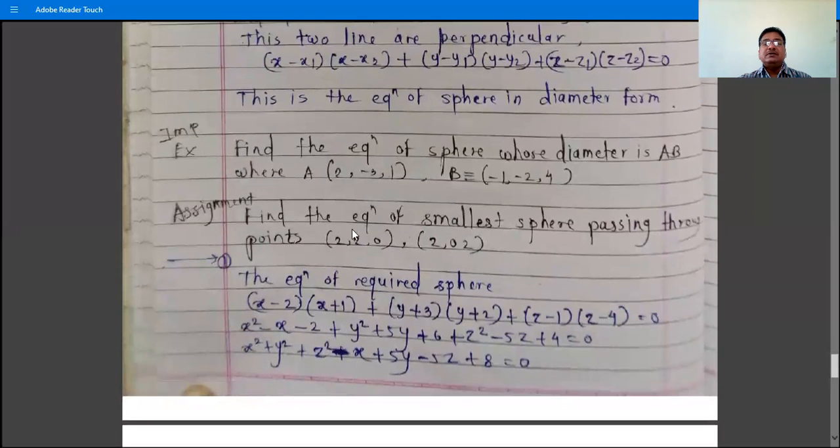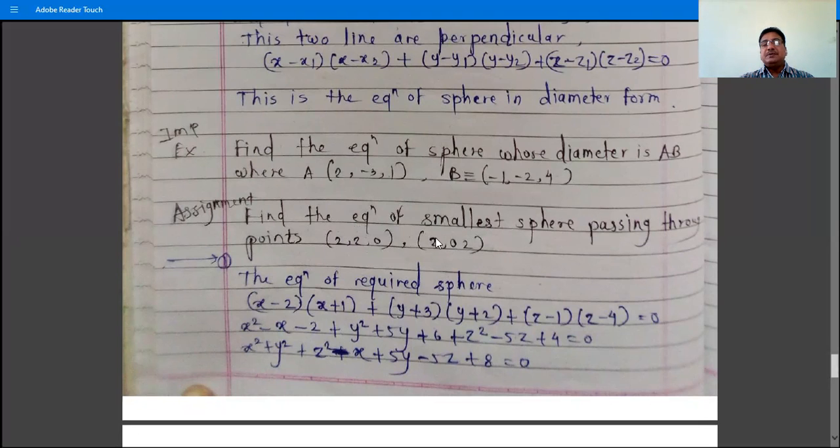The second question is the same, but the wording is different: find the equation of the smallest sphere passing through these 2 points. So we have to find the equation of the sphere whose diameter has end points at these two points.